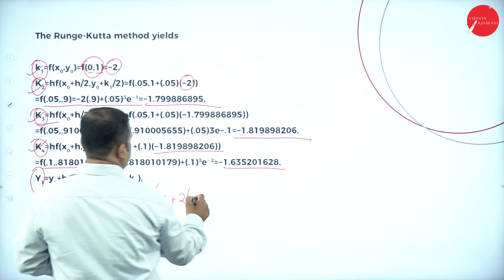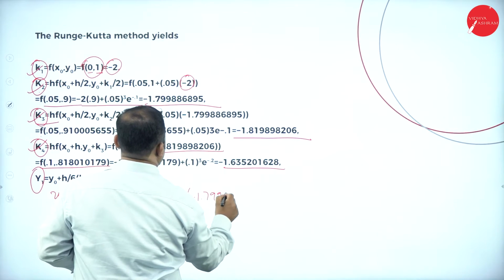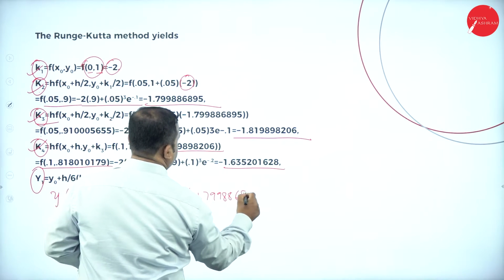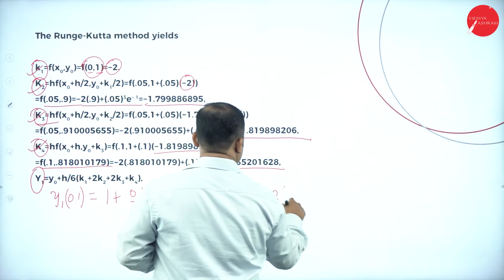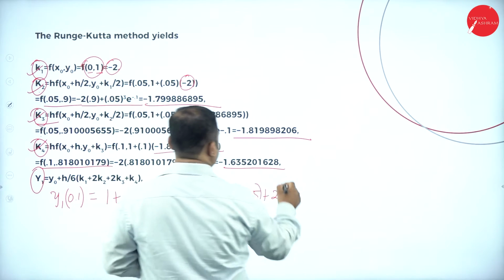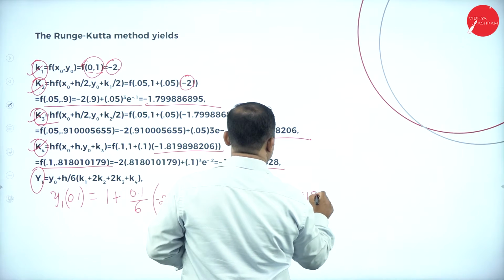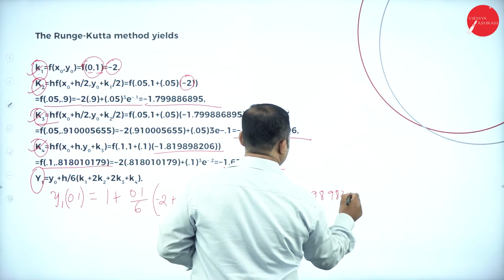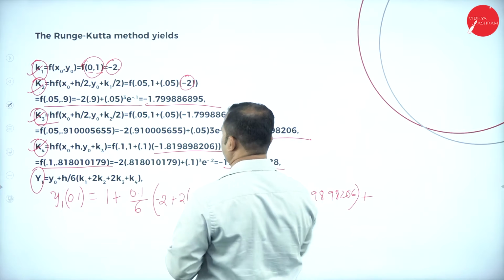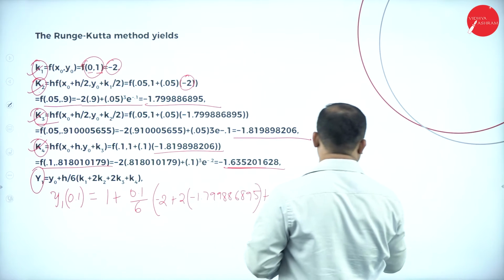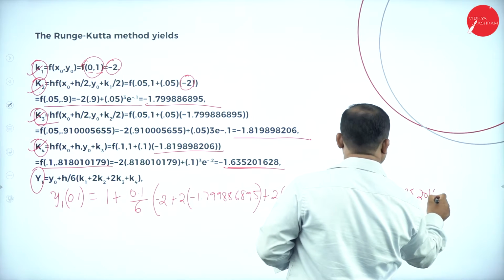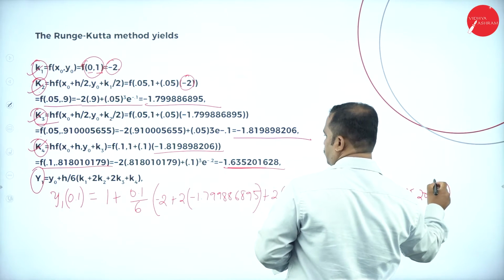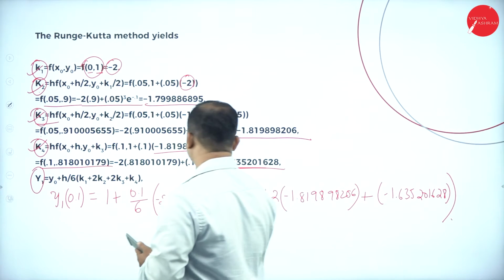That is this term, minus 1.799886895 plus 2 times k3. K3 is what? That is minus 1.819898206 plus k4. What is the value of k4? That is equal to this, minus 1.635201628. That is this value.